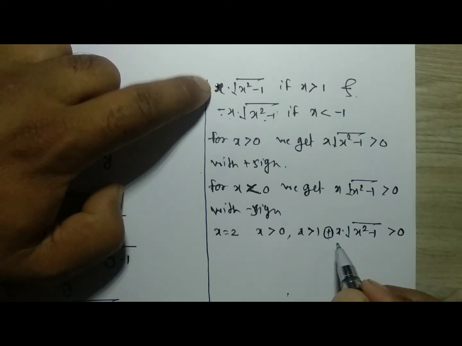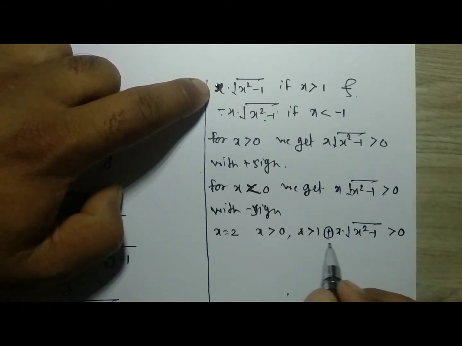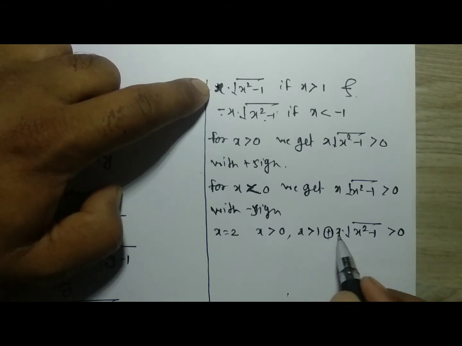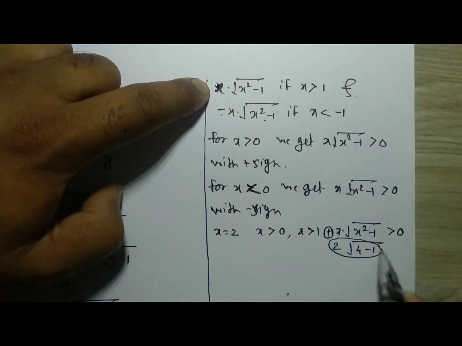How is it possible? x is equal to 2, and square root of x square minus 1 is 4 minus 1, that means 3, root 3, and this value becomes positive, and therefore it is greater than 0.